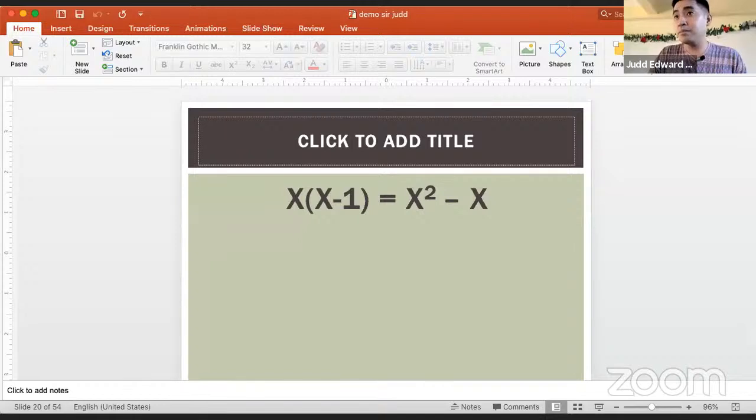So I'm giving you 1 minute. Is it identity or conditional equation? Let's see other hands naman po. Conditional po ba siya or identity?